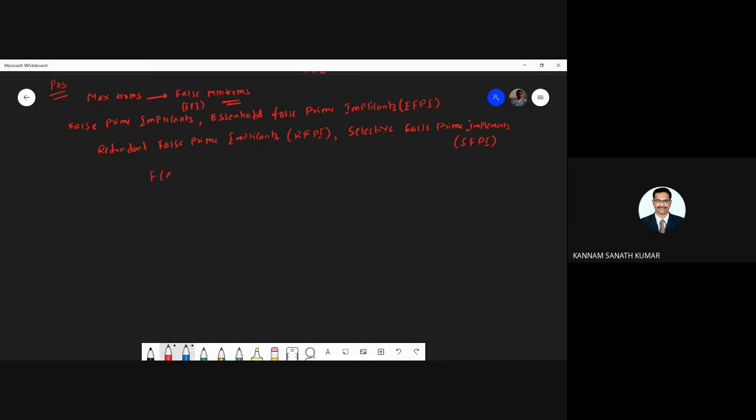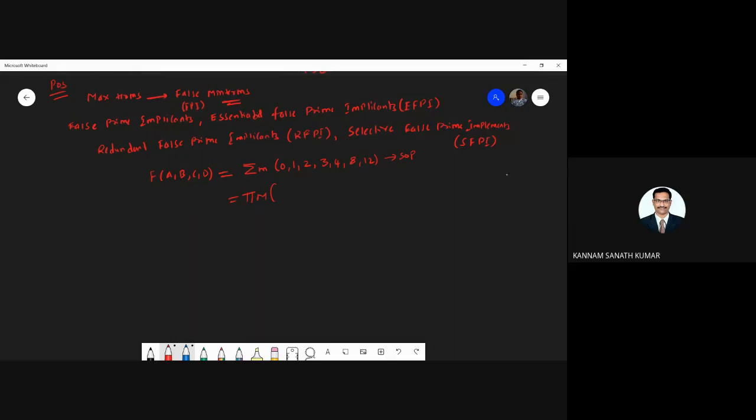This is a false prime implicant. So f of a, b, c, d is equal to summation of m of 0, 1, 2, 3, 4, 8, and 12. Okay. So that means the complement of this SOP expression, the sum of product expression, gives you the POS. So the terms which are not present in this come under the max terms.